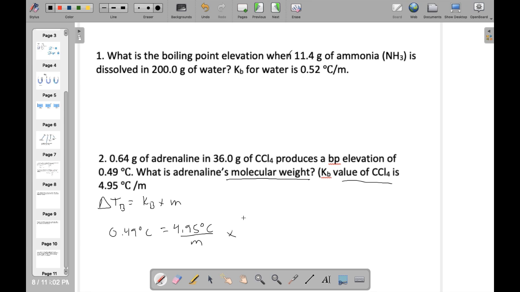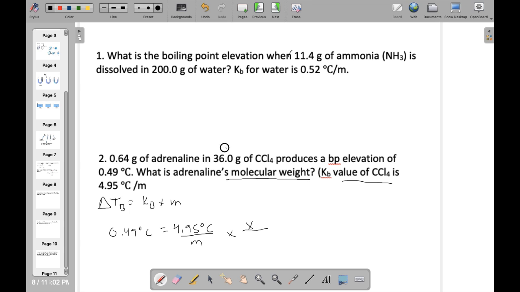Okay, so let's try to figure out molality. I don't know how many moles I have, so I'm going to put an X there. It's an unknown, and I can't figure it out right now because I don't know the molecular weight. If I knew the molar mass, I could figure that out, but I can't. So, do I know how many kilograms of solvent I have?